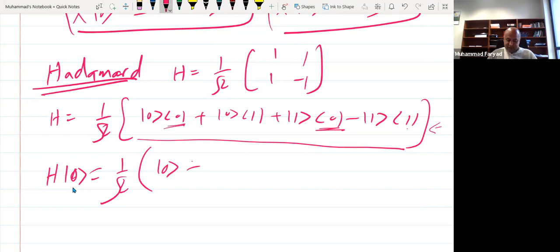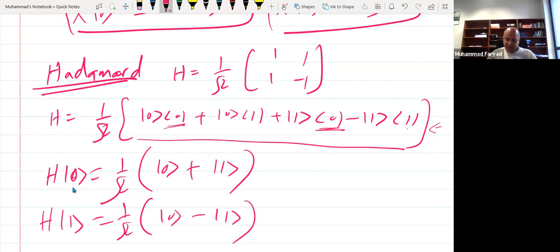So I will get |0⟩ plus |1⟩. Similarly, when H is applied to the 1 state, I will get only |0⟩ minus |1⟩. Since these states come again and again, we have a special name for them. We call this the plus state and we call this the minus state.